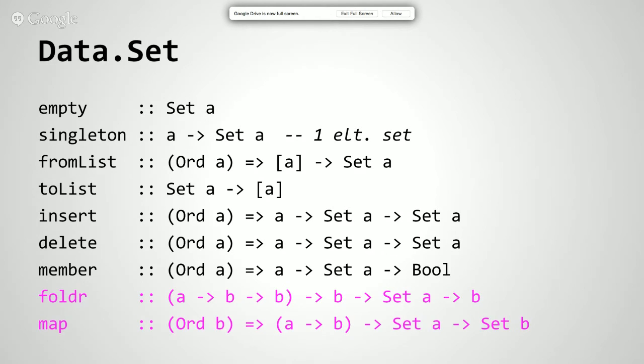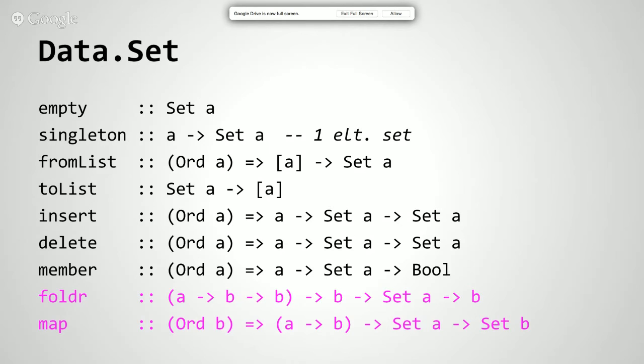But a valid set, so let me back up. You can create a singleton or an empty set in any type, even if it's not Ord. But as soon as you start inserting things into the set, you have to do comparisons, so you need Ord. And with the fold, it's not building a new set, it's just taking a set. So it's saying, okay, this is either, if it's in an Ord type, then it's already sorted in some order.